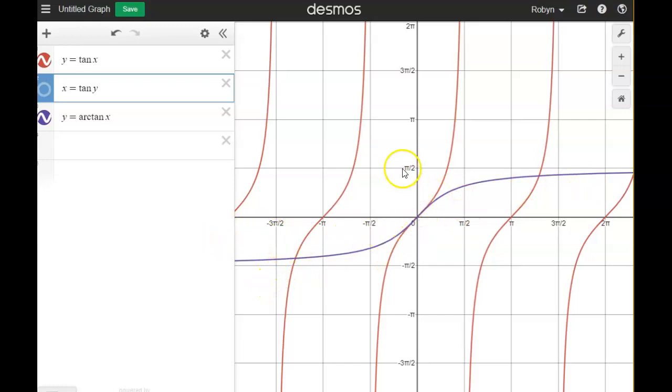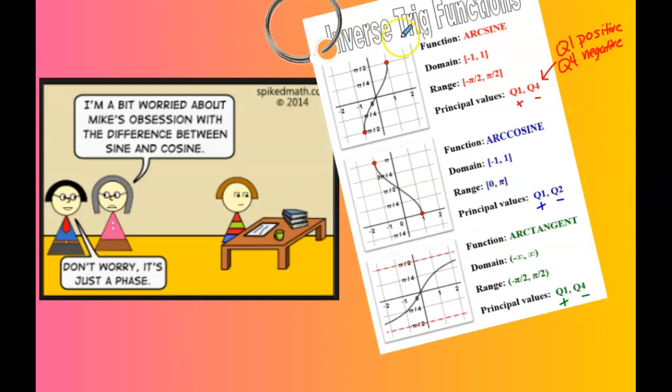From 0 to pi over 2, that's quadrant 1, where tangent is positive. From 0 to negative pi over 2, that's quadrant 4, where tangent is negative. So the principal values for arctangent are in quadrants 1 and 4. So on the front of your notes booklet, we'll summarize that information for the graph of the arctangent function.